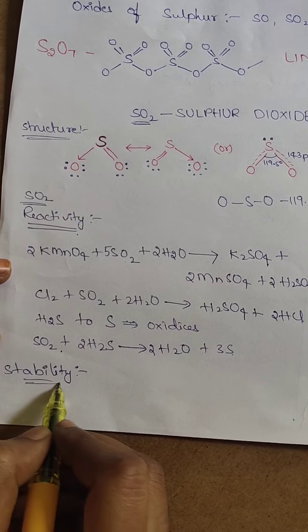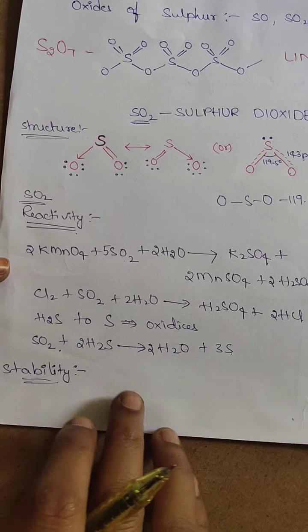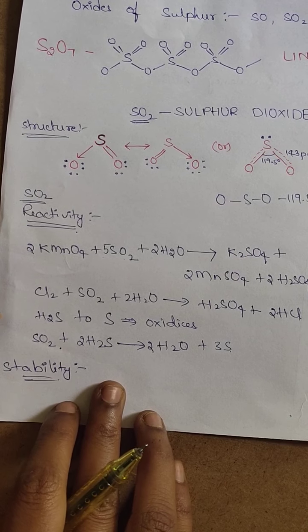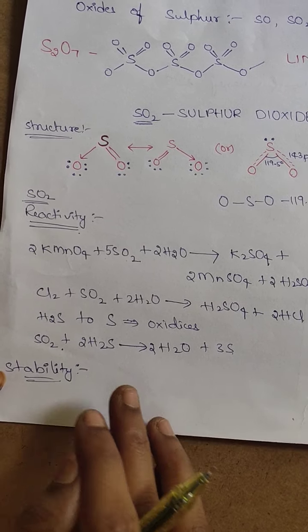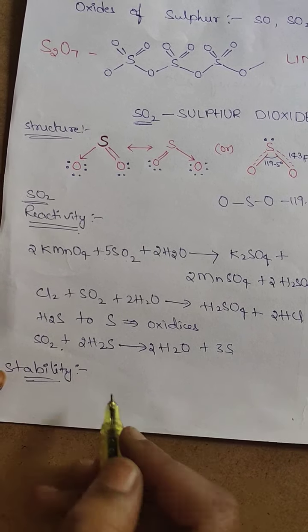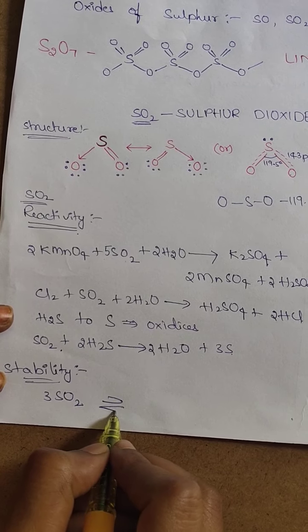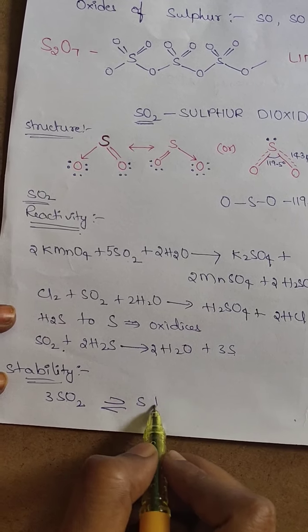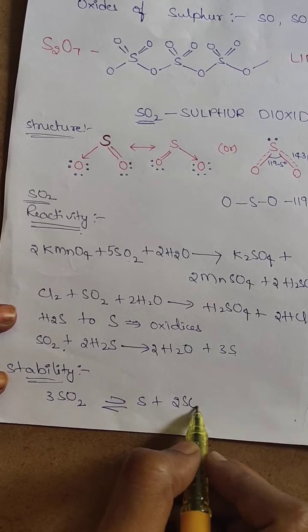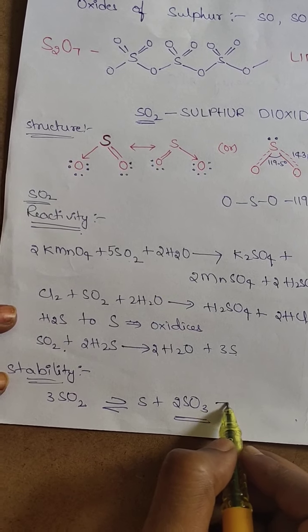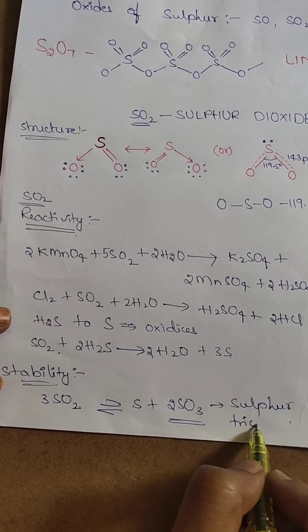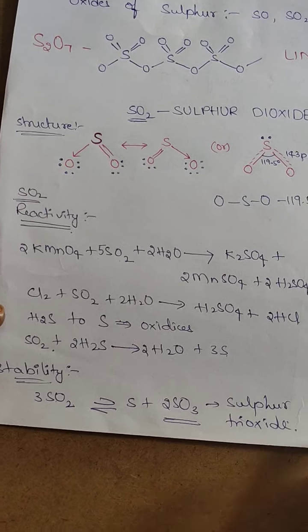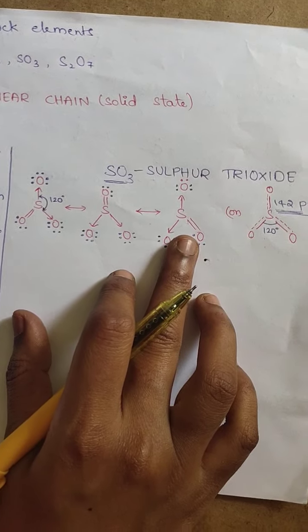Sulfur dioxide is fairly stable, but on strong heating it dissociates to form sulfur trioxide. When we heat sulfur dioxide, it gives 2 moles of sulfur trioxide.